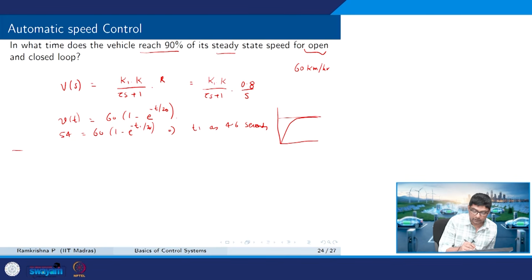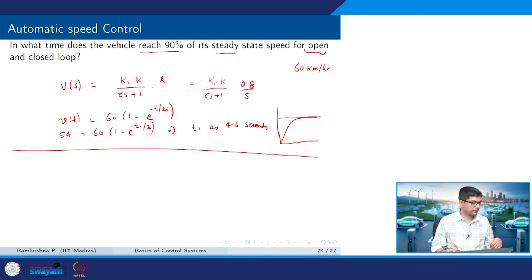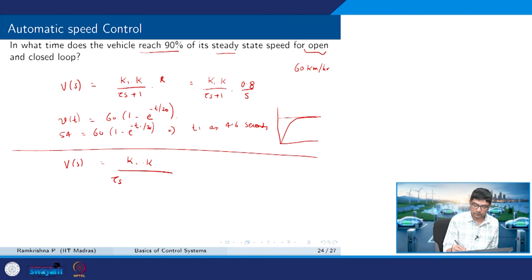Good. Okay, let me compute the same now for a closed loop. What will be this for a closed loop? Okay, so now my V of S will be K1 K over (tau S plus 1 plus K1 K).